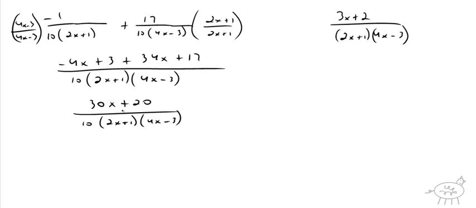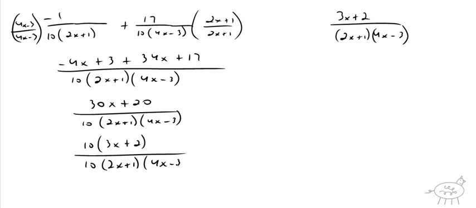I can factor 10 out of the top, so I get 10 times 3x plus 2. On the bottom, I get 10 times 2x plus 1, 4x minus 3. Oh, look at that, man. Sweet. And so look what I get. I wind up getting 3x plus 2 over 2x plus 1, 4x minus 3. Okay? So it really does work.